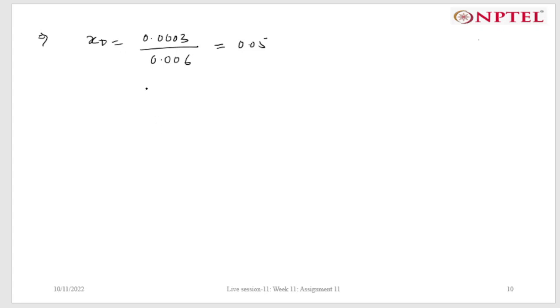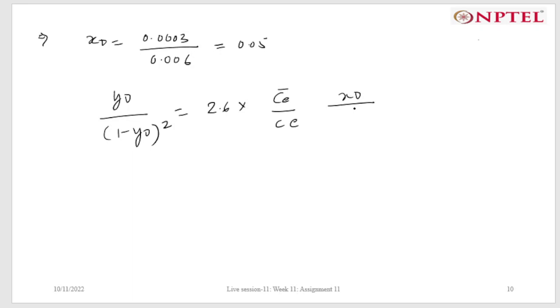To calculate this one, we use the formula YD over (1 minus YD) equals the equilibrium constant, already given as 2.6, into XD over (1 minus XD). C bar is given for the resin phase, C is also given, and XD is calculated.